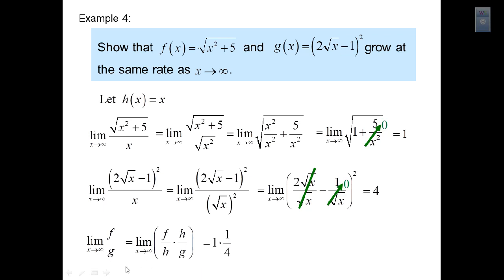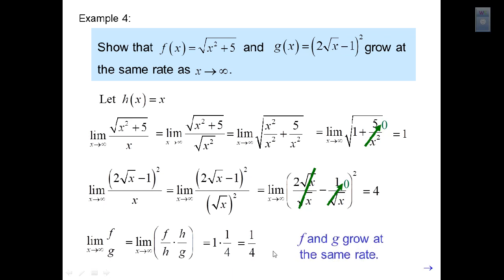So by the transitive property, the limit of f to g is the same thing as the limit as x approaches infinity of f to h times h to g. This is an analytical version of showing what the transitive property says. And when we do 1 times 1/4, we're going to get 1/4. It's a constant value that is not equal to 0.